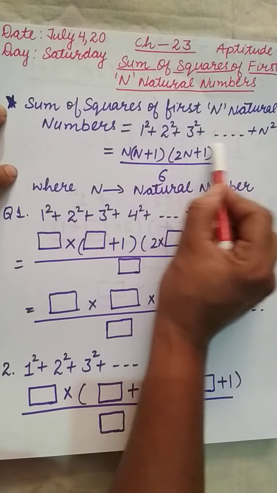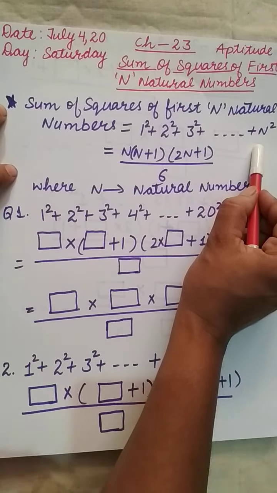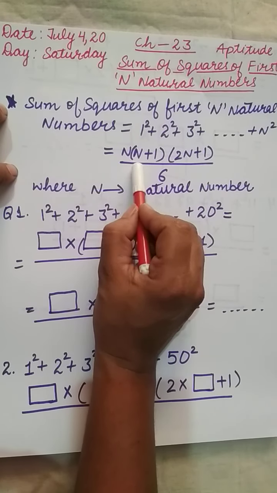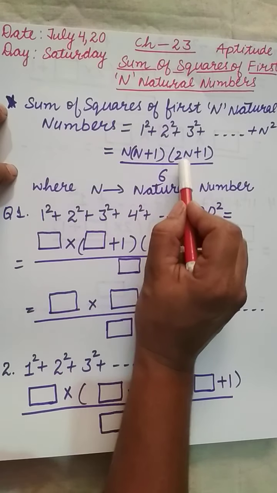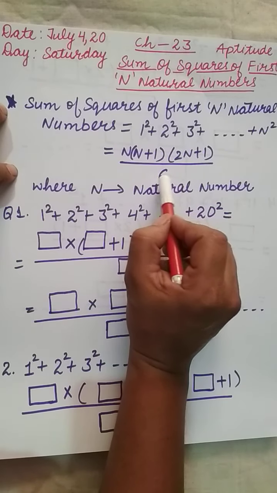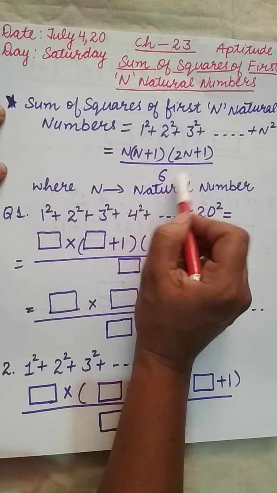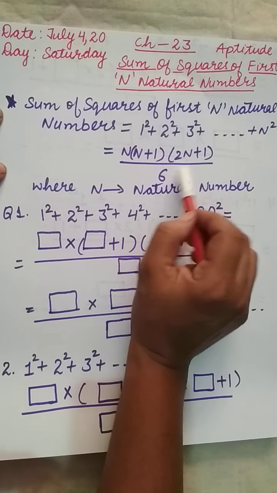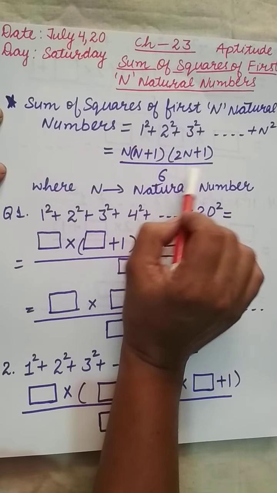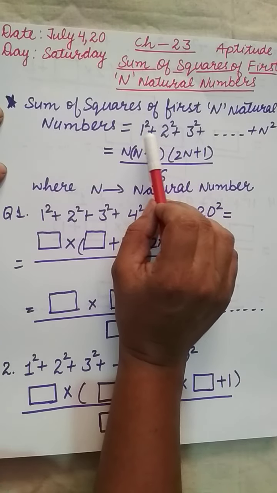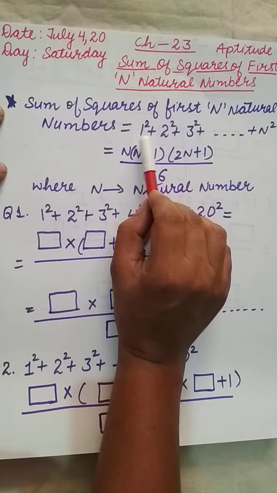The sum of the squares of first n natural numbers is equal to n into n plus 1 into 2n plus 1 divided by 6. This is the formula to find out the sum of the squares of n natural numbers. It will be starting from 1.